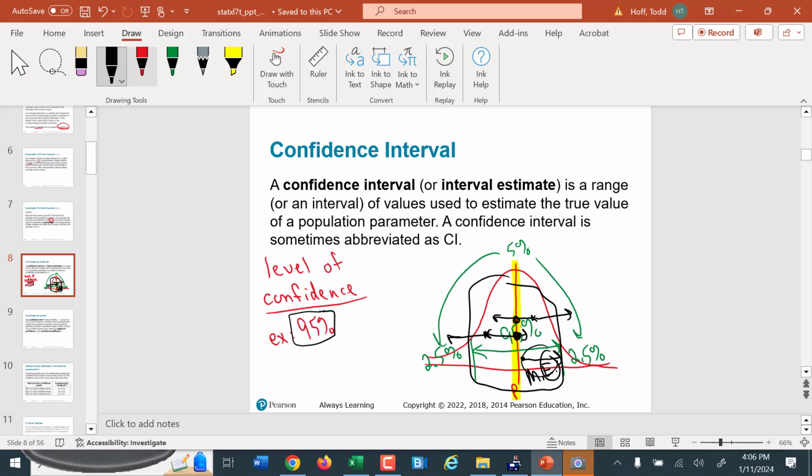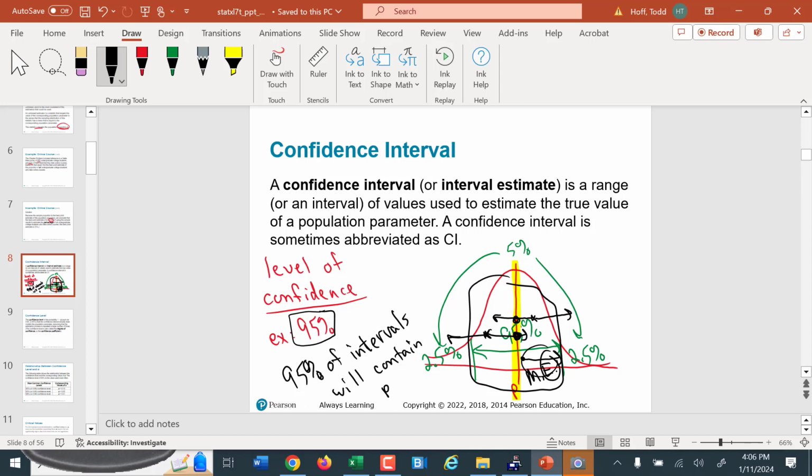So the 95% is the margin of error big enough that we would expect that if we completed this process several times, or we took a sample, found the point estimate of the proportion from that sample, and used that margin of error to create the interval, that 95% of those intervals are going to contain the true population proportion. So we're just going to say contain P, the population proportion.